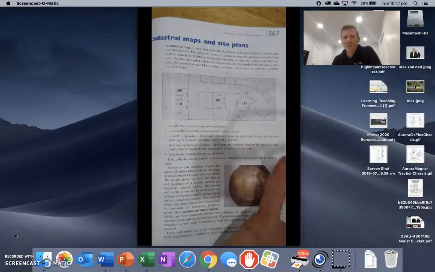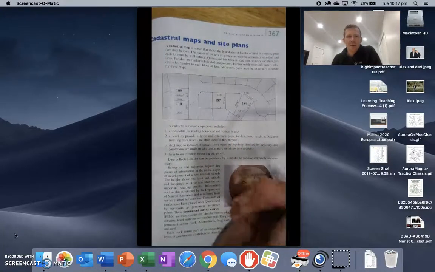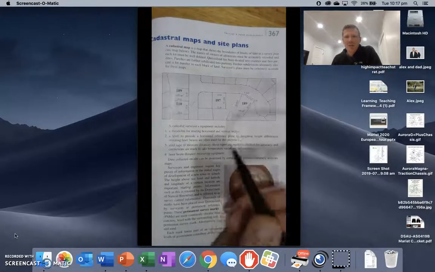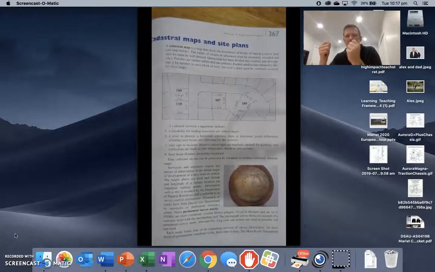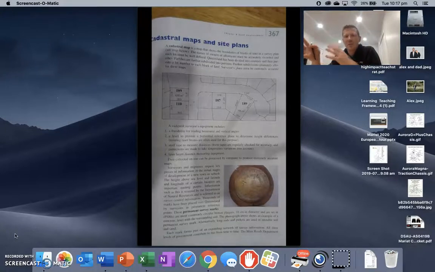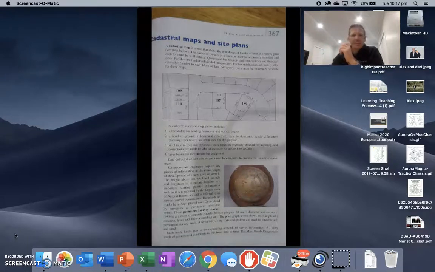Those of you who have done athletics, at significant meets, they use metal tapes because they don't stretch as much, and they quite often check them against a standard measurement. The same thing with surveyors. And a laser beam for measuring things.